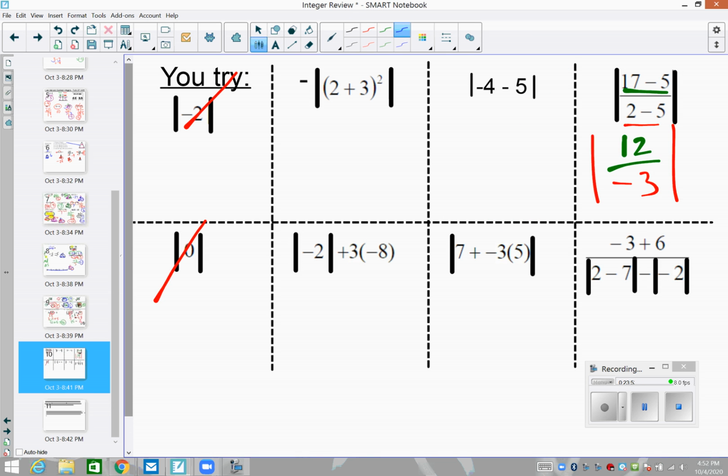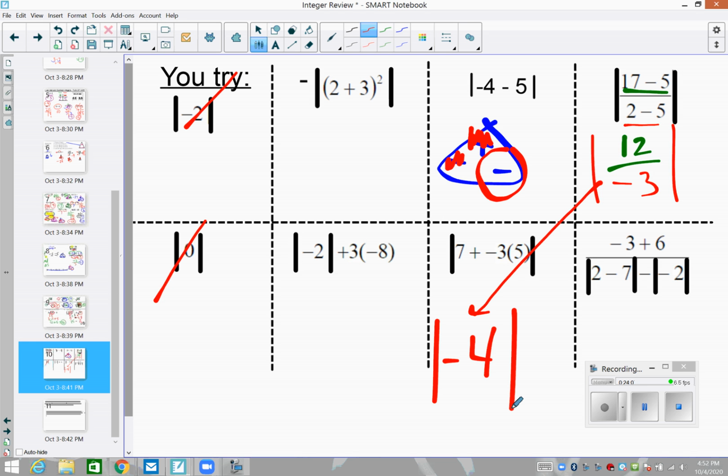So we have positive 12 divided by negative 3. The result of that is negative 4 on the inside of that. So the problem I was solving was this division problem right here using this triangle, which gave me negative 4. Now that's still in the absolute value bars. So the result of that problem would be positive 4.